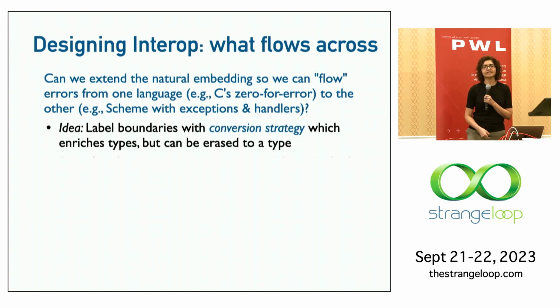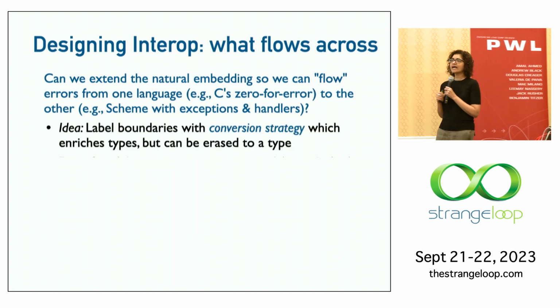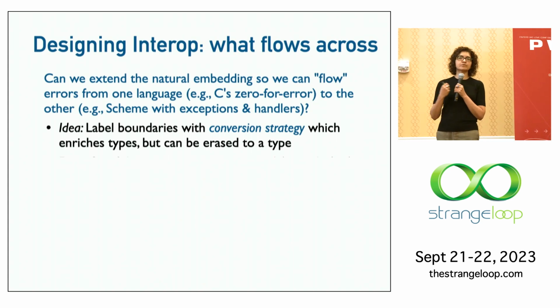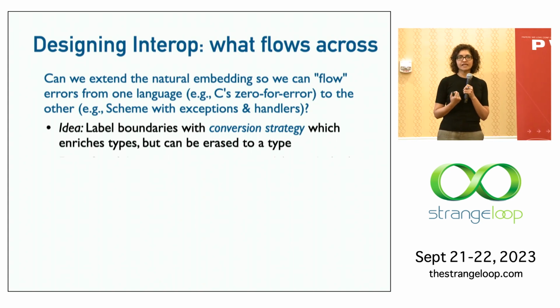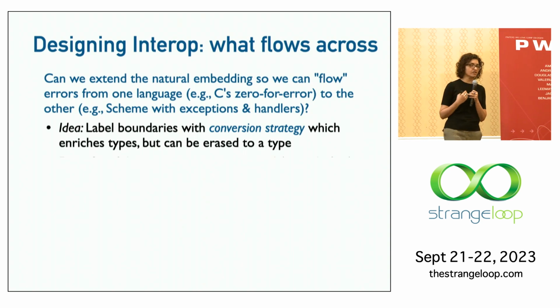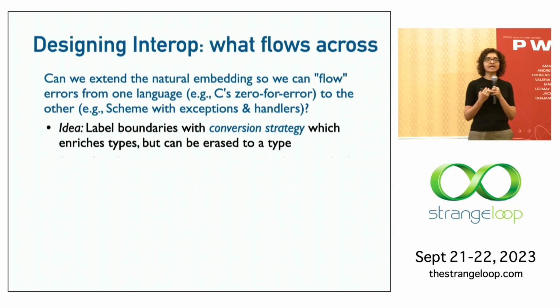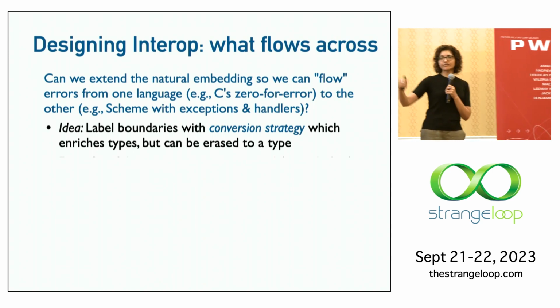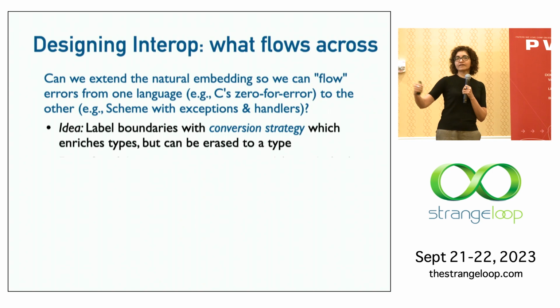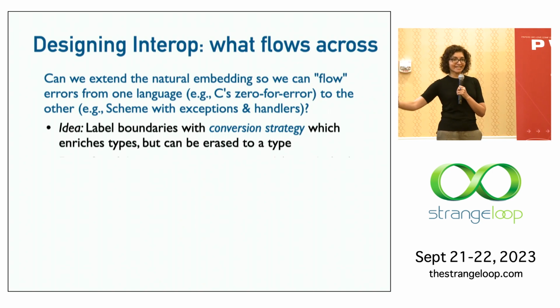The idea basically is, instead of labeling your boundaries with only types that flow across, enrich that type labeling and introduce a new thing that's richer than types, which they call a conversion strategy. This time, you need to know when a number in C could be indicating an error.